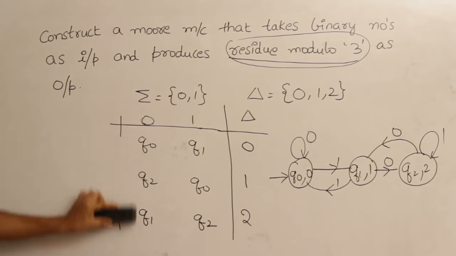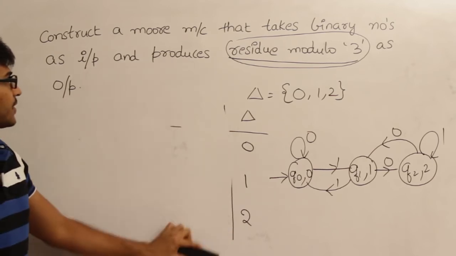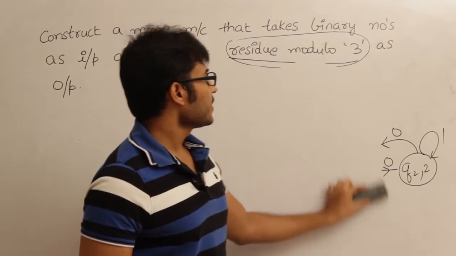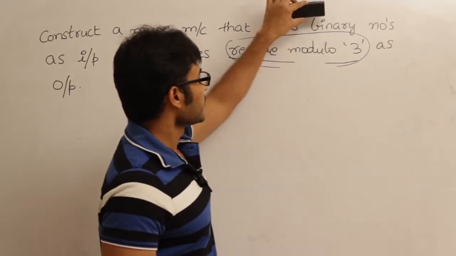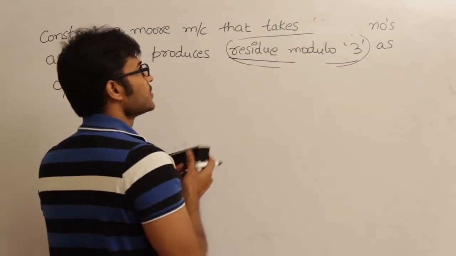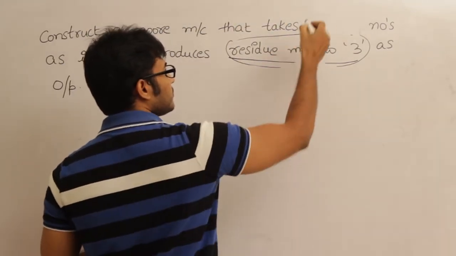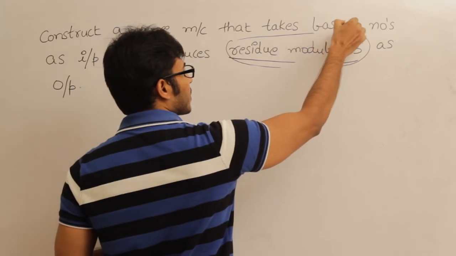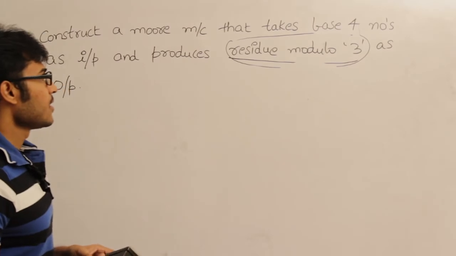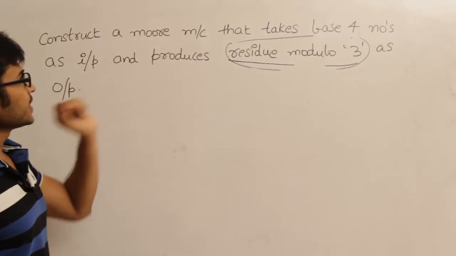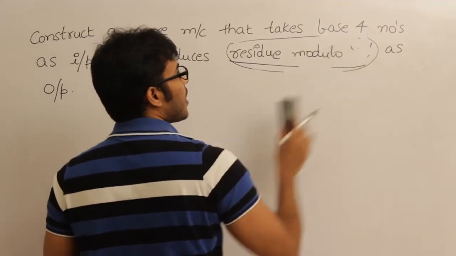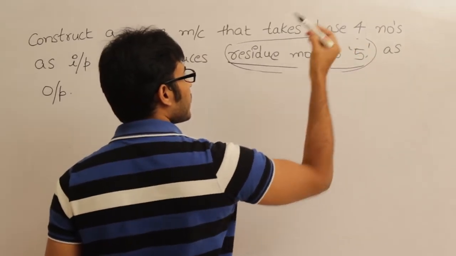Let us say I want to extend it like this: construct a Mealy machine that takes, instead of binary numbers, all base 4 numbers, and produces, instead of residue modulo 3, residue modulo 5.